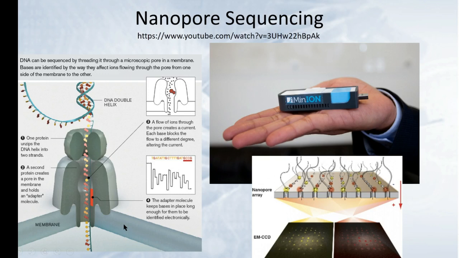And so this is a technology that has several potential advantages. One is instead of a machine that's the size of a small car, you have a machine that looks like this, which is actually a USB device that plugs into your computer, and it can produce sequences, and does produce sequences, that are even longer than the PacBio sequences, so very, very long stretches of sequence.